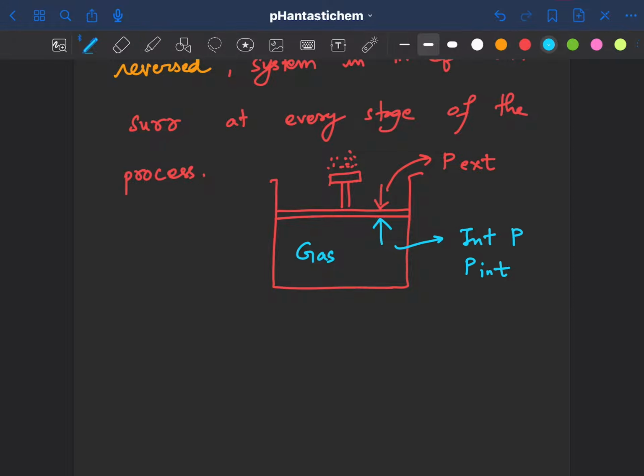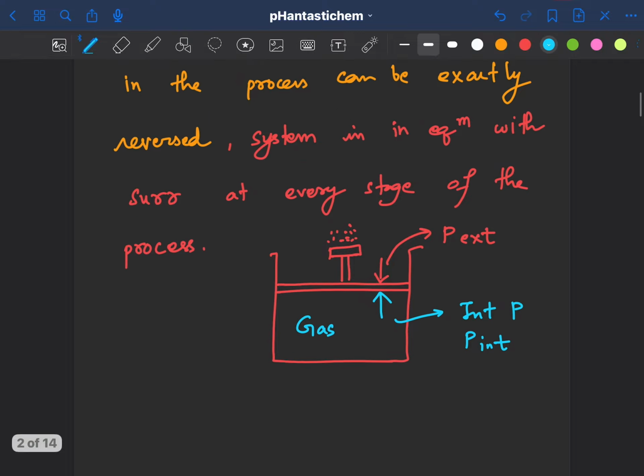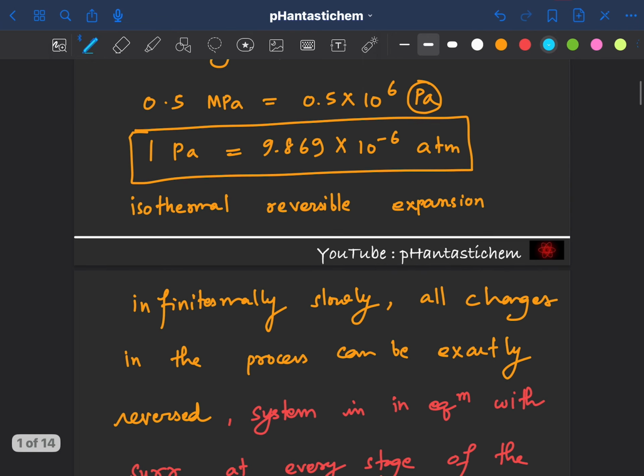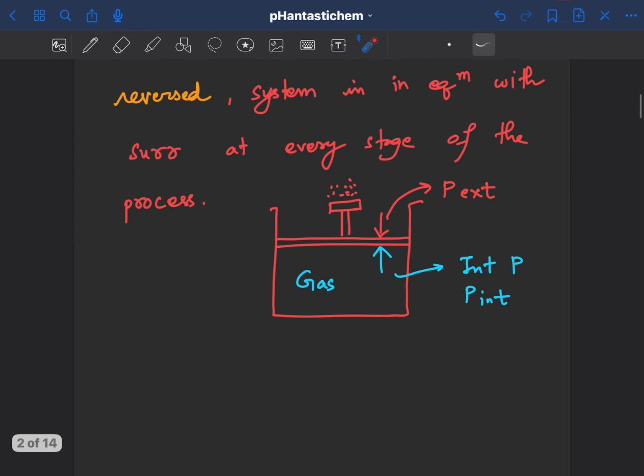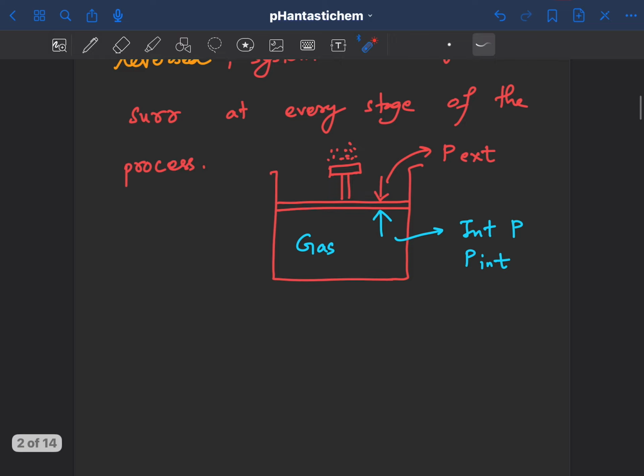So the condition for reversible expansion, because in the question they have mentioned that it is reversible expansion. For the gas to expand, obviously the external pressure has to be lesser compared to the internal pressure. Only then it rises up, or leads to expansion.